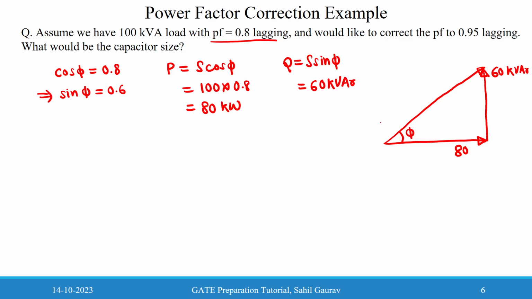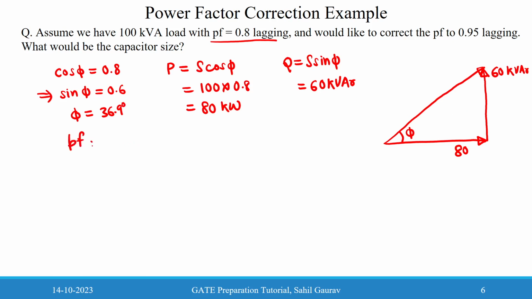This phi comes out as cos inverse 0.8, which is 36.9 degree. And now we want to make the power factor 0.95 lagging.